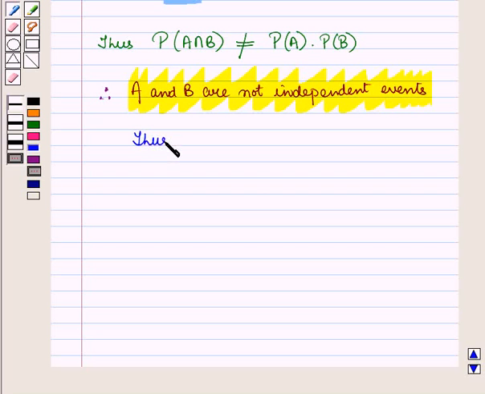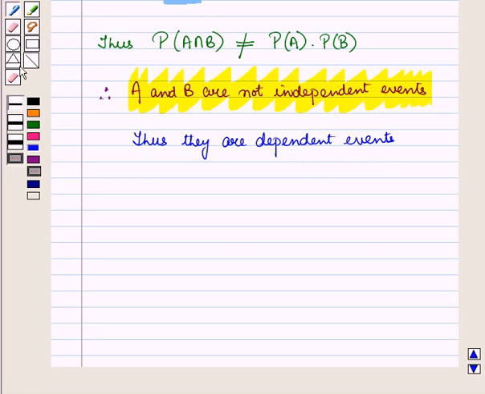Thus, they are dependent events. So here we have proved that A and B are dependent events.